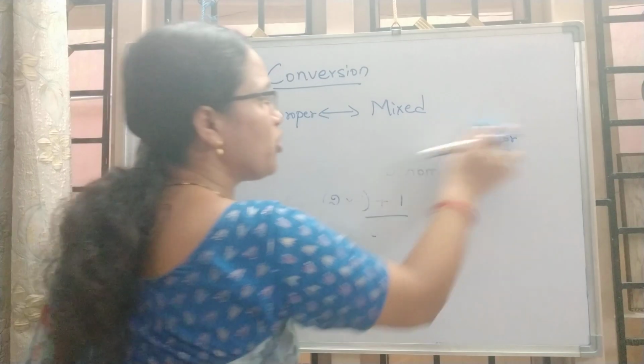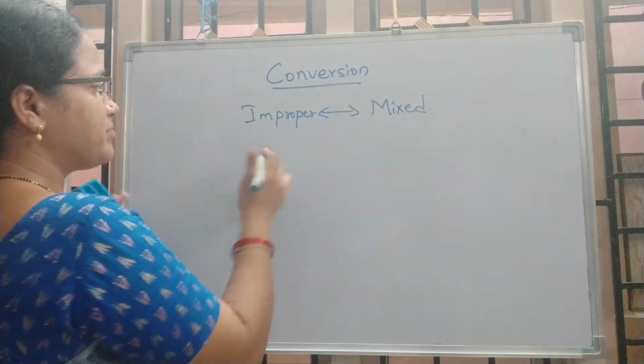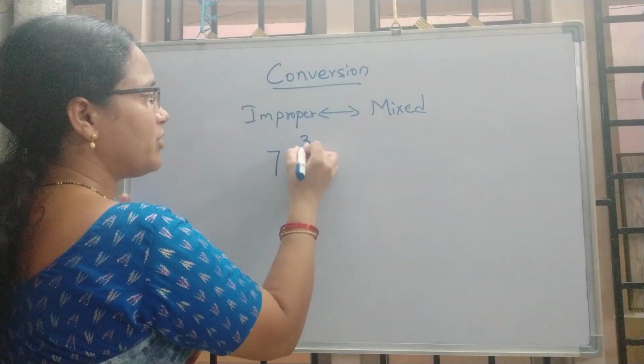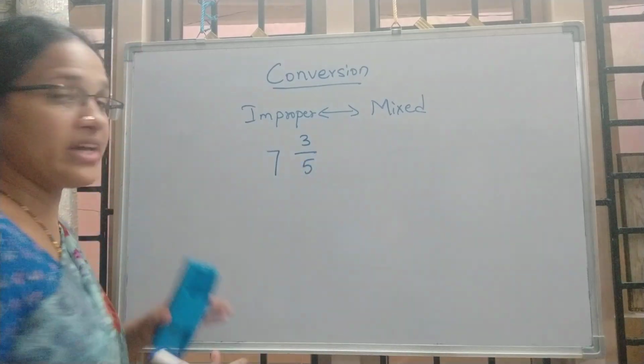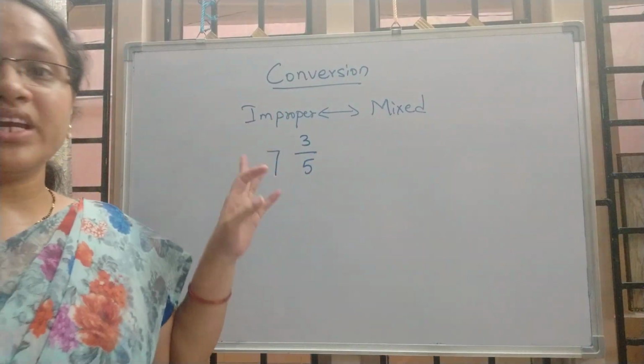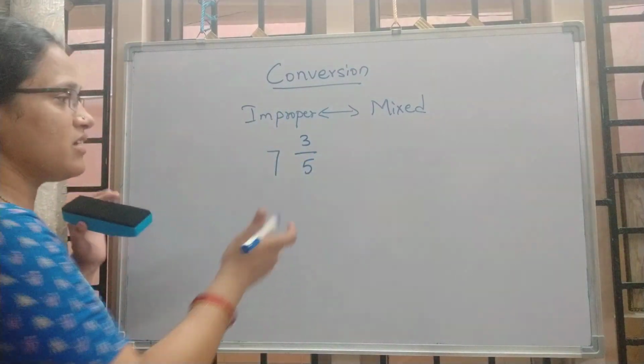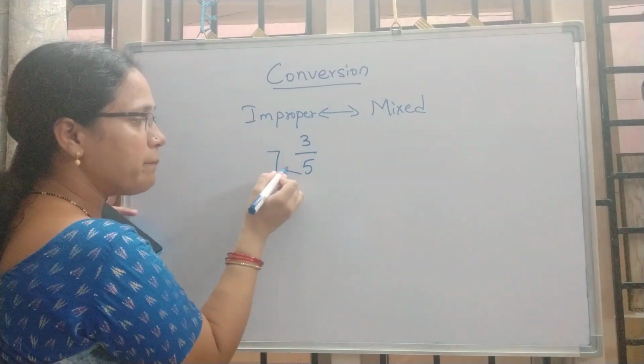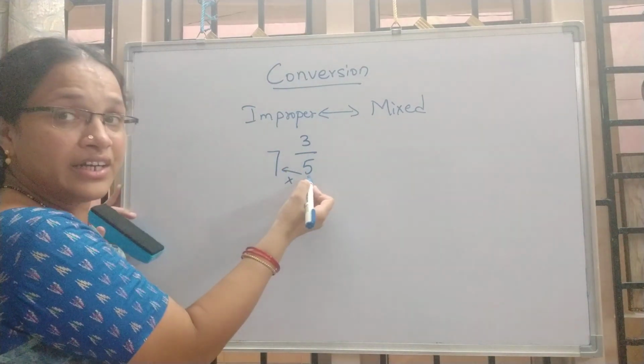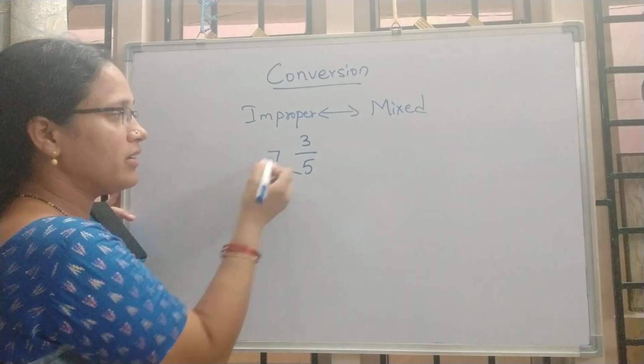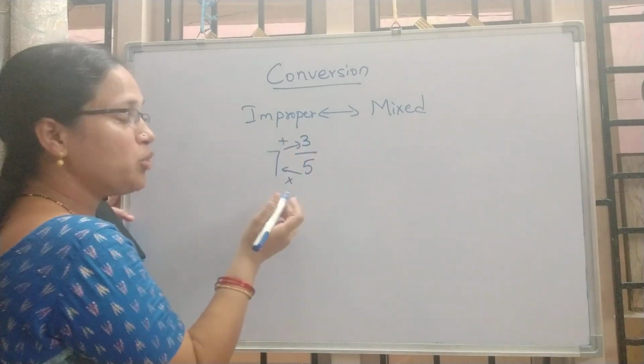Okay. So we will see one more example, as this is the number which we have taken before. Let us take one more new example. 7 3 by 5. When it is 7 3 by 5, what did I tell you? Multiply the denominator with the whole number and then add it to the numerator. First multiply.